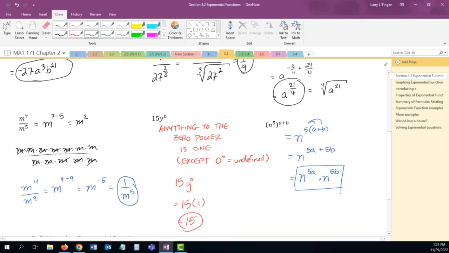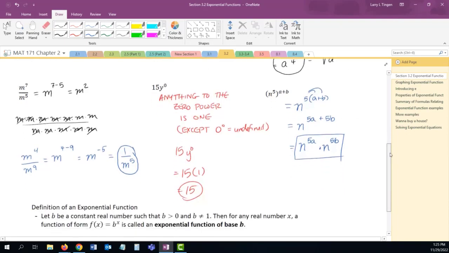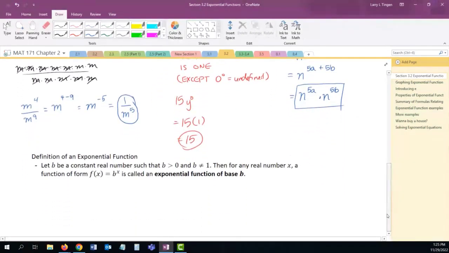If you have one factor that has addition in the exponent, you know to break that up into multiplication. If you have one factor that has a fraction in the exponent, you can break it down into its root and its power. All right, so these are just the main rules from exponential functions.